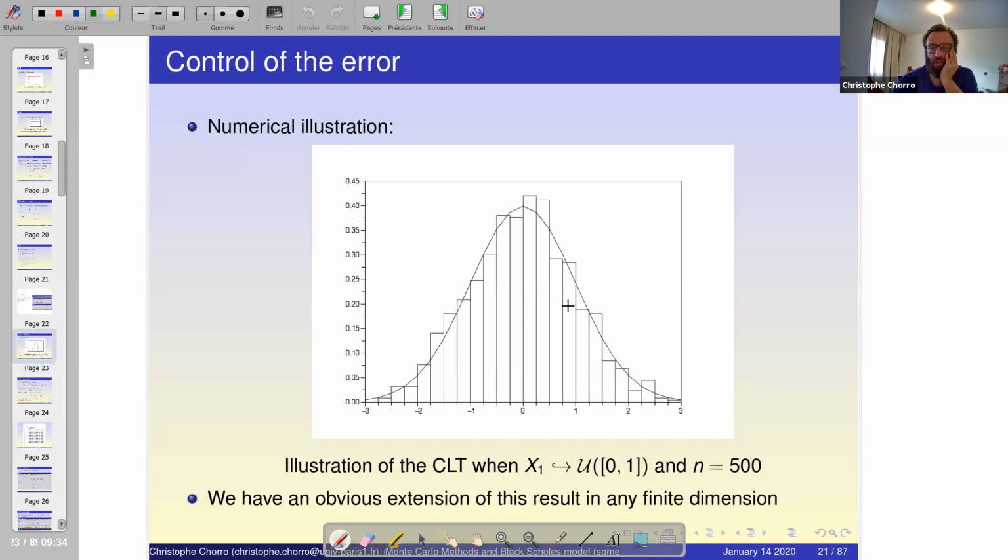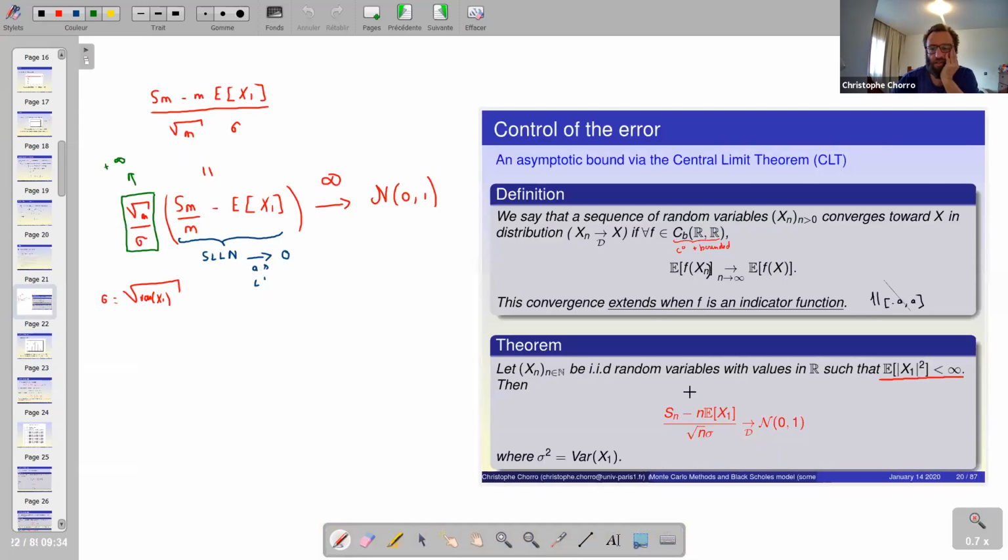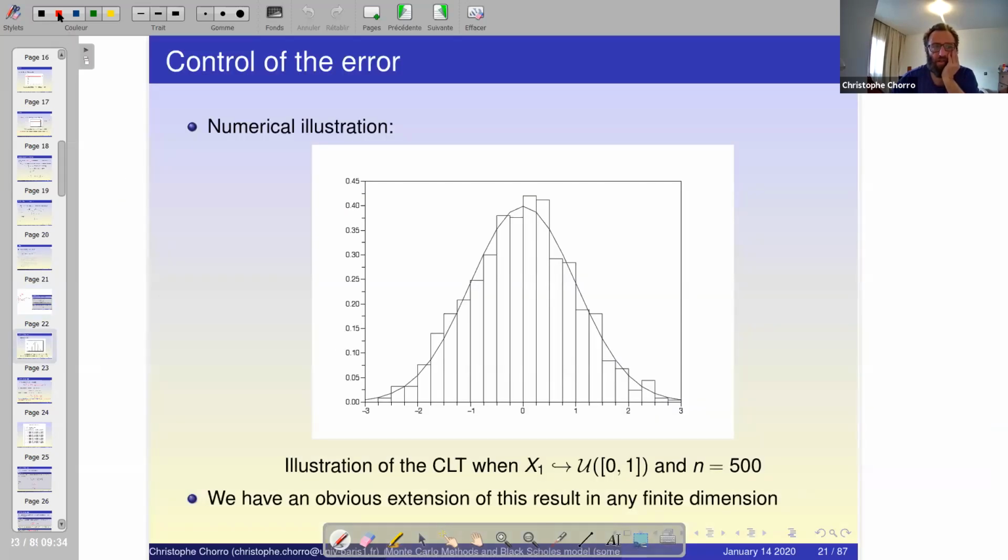And what I have plotted are the realizations of this quantity, building the associated histogram, of such quantities computed for uniform variables on the interval 0, 1 and 500 observations. And then I see that in this case, you have here the density of N(0,1).